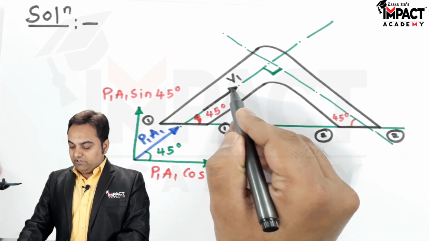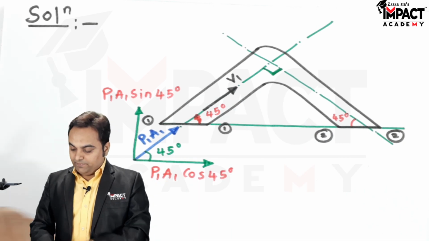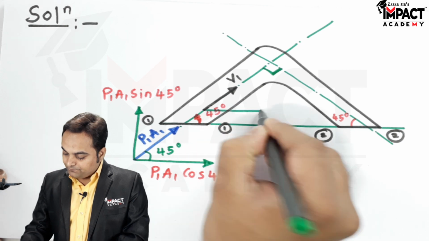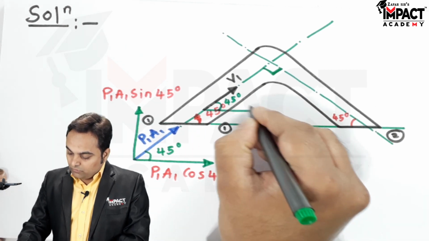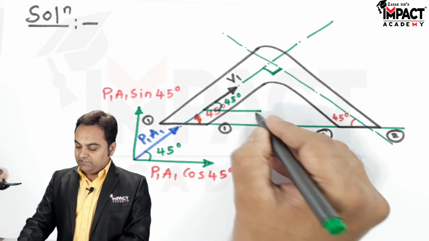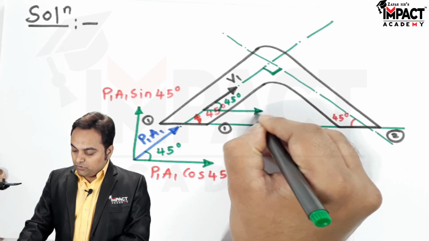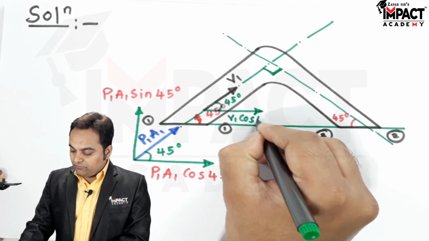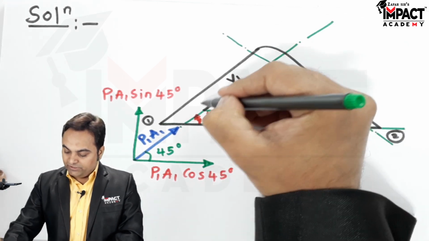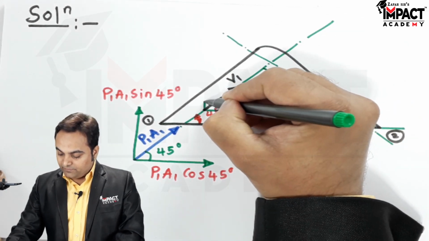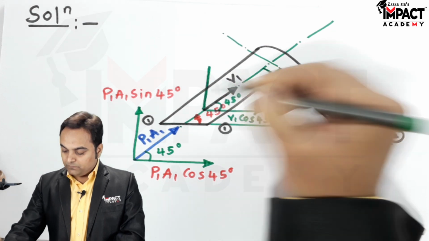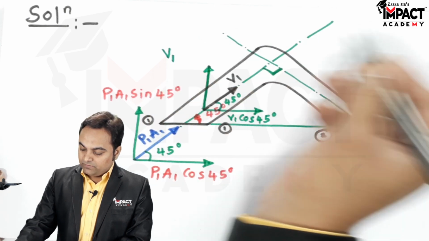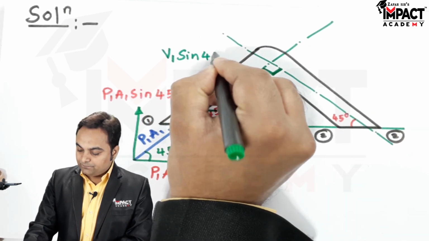Now velocity V1 is also inclined at 45 degrees with respect to the horizontal, as we can see here. So this velocity also gets divided into two components. One is the horizontal component, V1 cos 45 degrees, and since the pipe is inclined, the vertical component of velocity would be V1 sin 45 degrees.